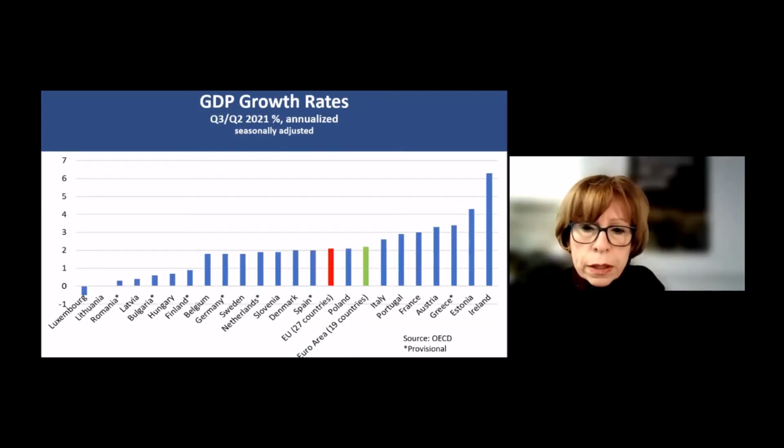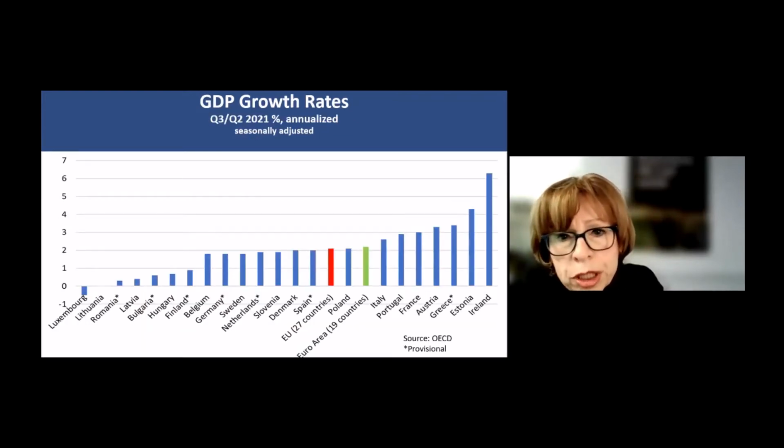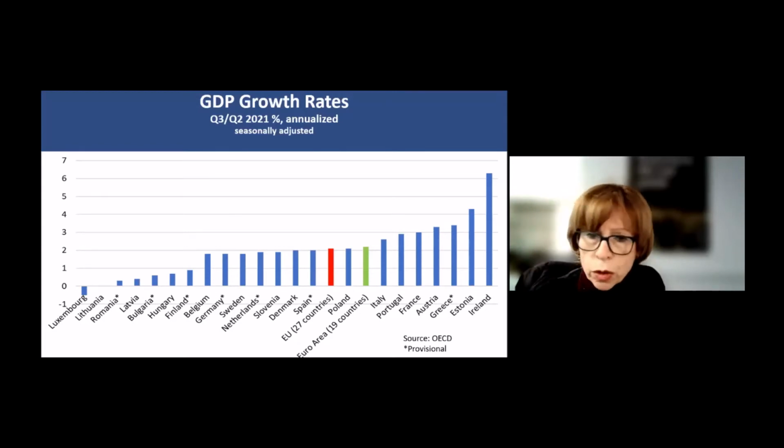So now another way to look at GDP is to do a cross-sectional analysis. And a cross-sectional analysis looks at a snapshot at a point in time and then compares the countries. And so you can see there's a lot of variation in GDP growth rates across the EA. The 19 countries of the EA are represented in the blue.